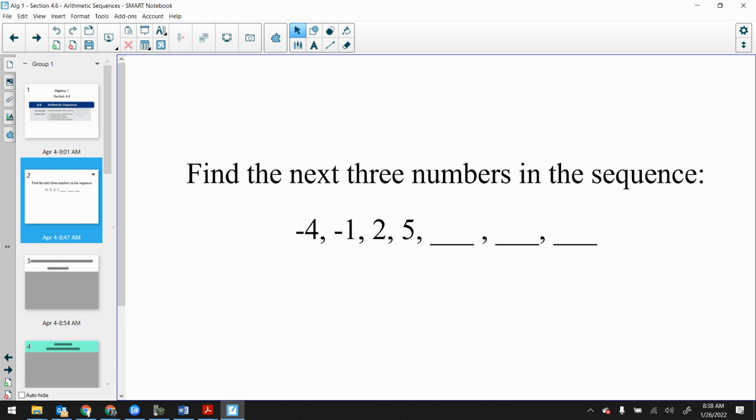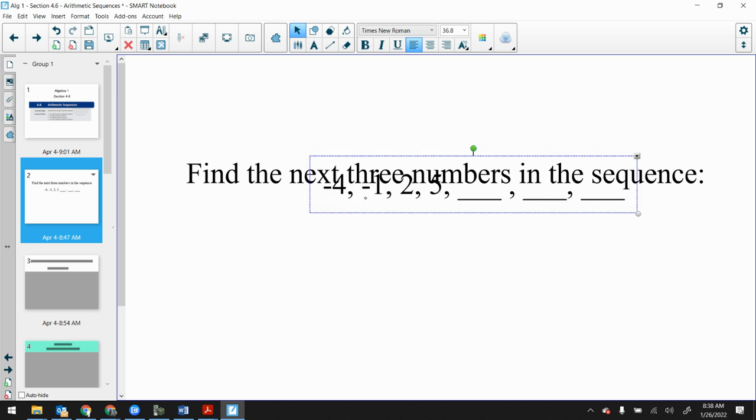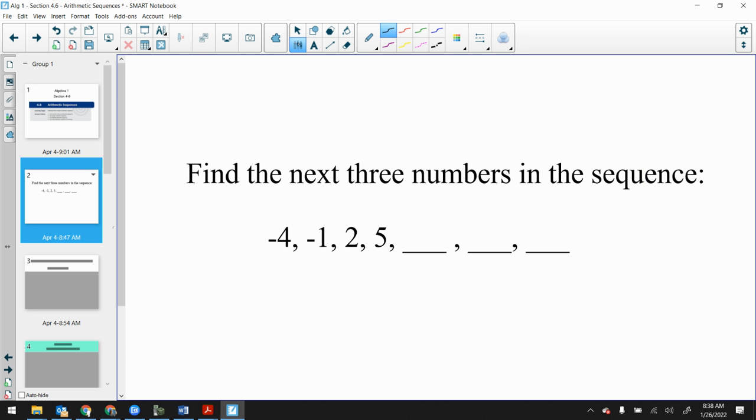Good. And then I added 3 to 5, and then added 3 to 11. You just kept the train rolling, right? He saw the pattern, recognized that it was a +3 pattern, and then kept it going. So 8, 11, and 14.